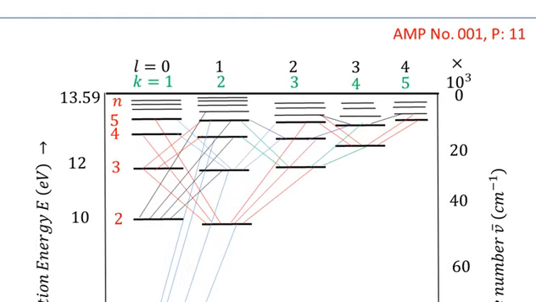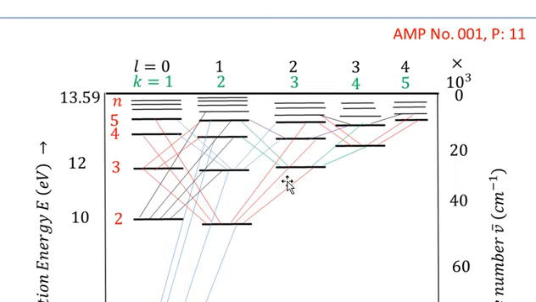Similarly, for example, you cannot make the transition from any level with L is equal to 1 to a level with L is equal to 3, because delta L will then be equal to 3 minus 1, which is 2. And you know that the selection rule allows delta L to change only by plus minus 1.